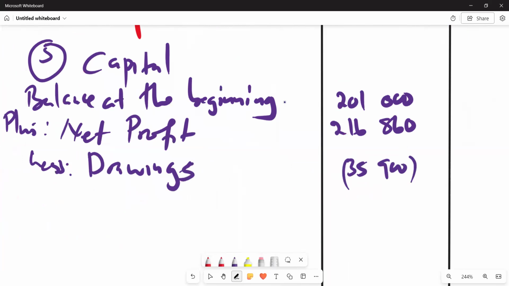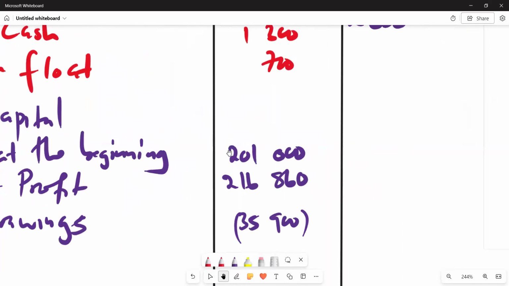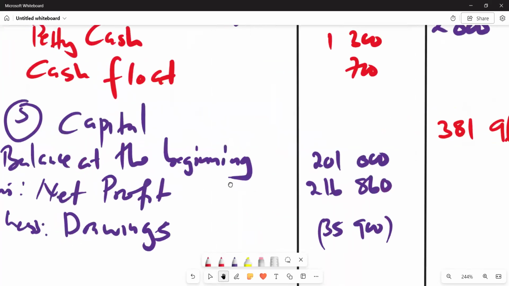Then you say 201,000 plus 216,860 minus 35,900. We are going to get 381,960 for capital, which is the closing capital figure. So this is the figure for capital that's supposed to go to the balance sheet, and then we make reference to our note, which is note 5 here.